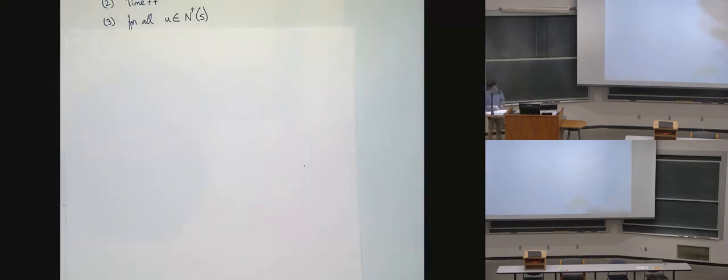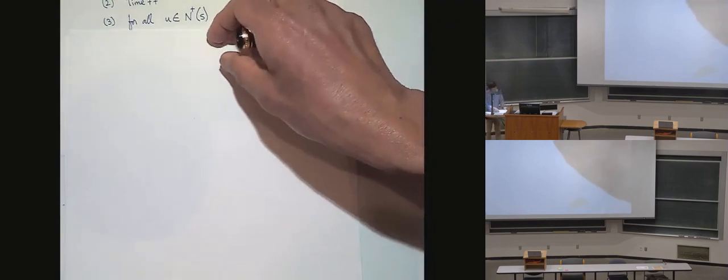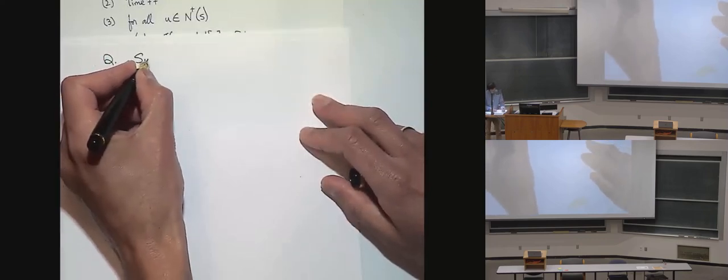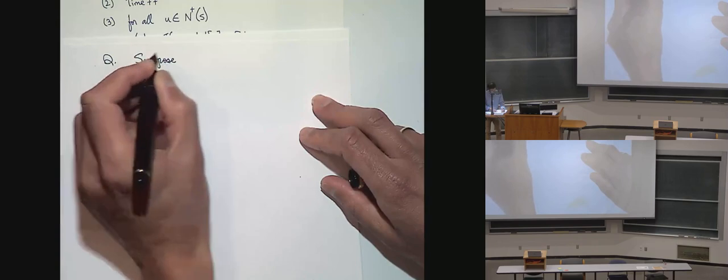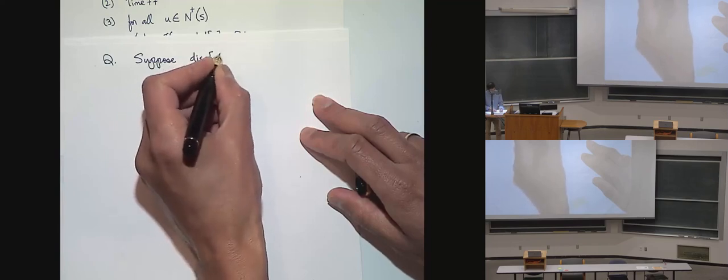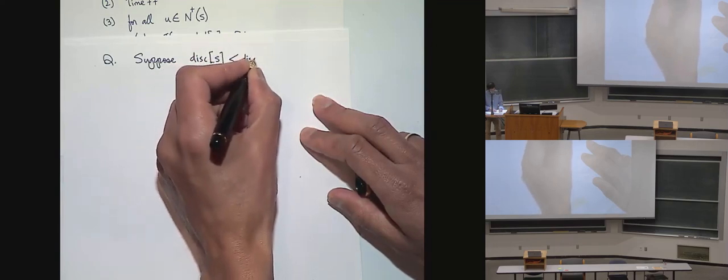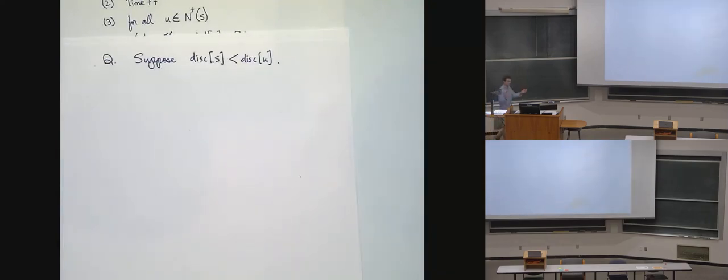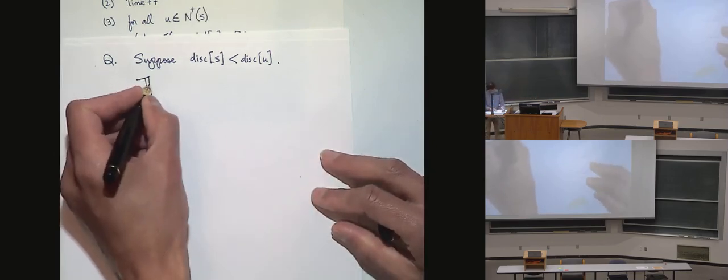And so at this point, I'm going to ask this question, and you should be able to hopefully answer this pretty soon. Suppose the discovery of S is less than the discovery of U. That's all I'm saying. So you have these two vertices, S and U. S was discovered first, U was discovered later.